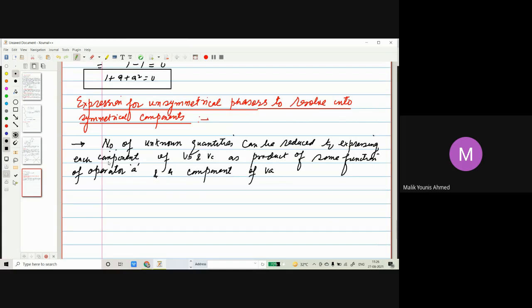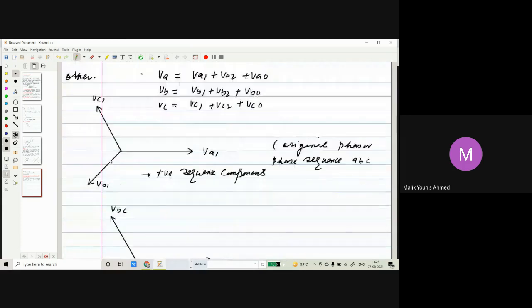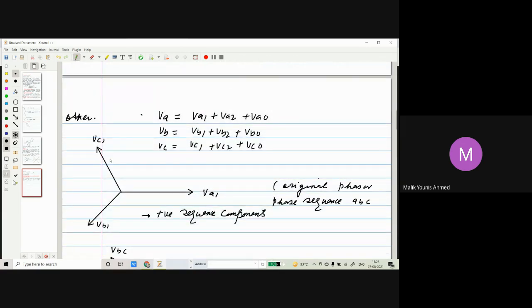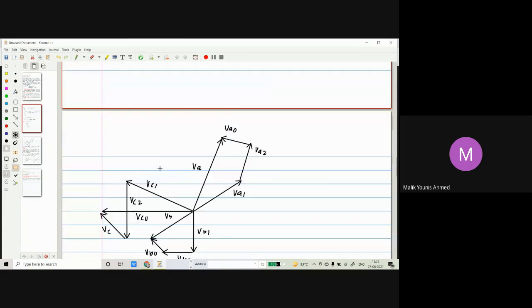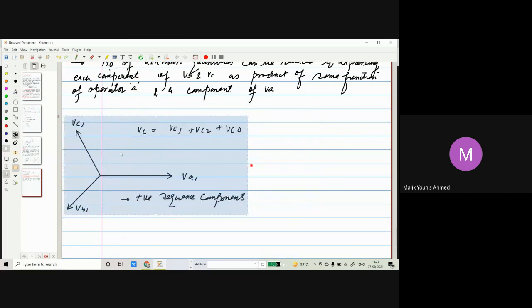Now I have drawn this. I will copy this figure here. This figure is very important for me. Let me copy these figures and paste them here.